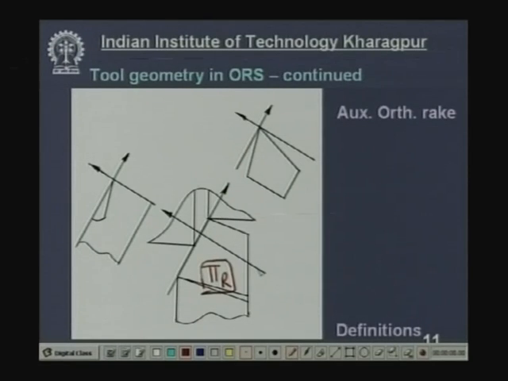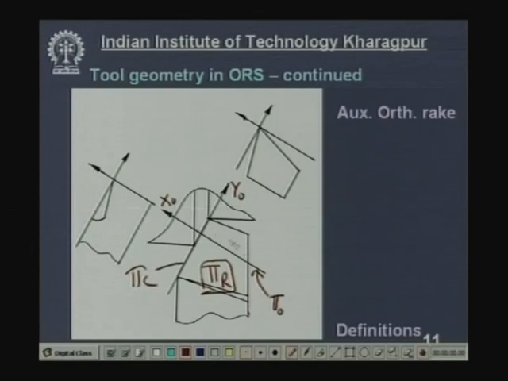This is the cutting plane, perpendicular to pi r, and this is the orthogonal plane, perpendicular to pi r and pi c. This is the x o axis, this is y o, and z o is perpendicular to the plane x o y o.